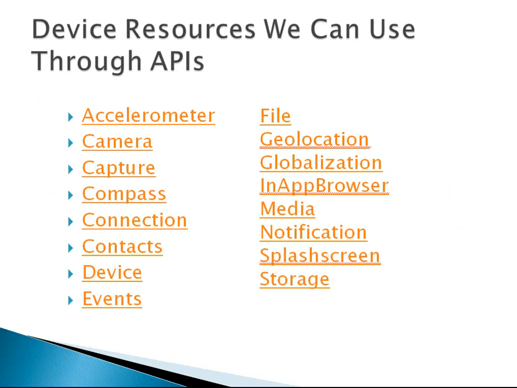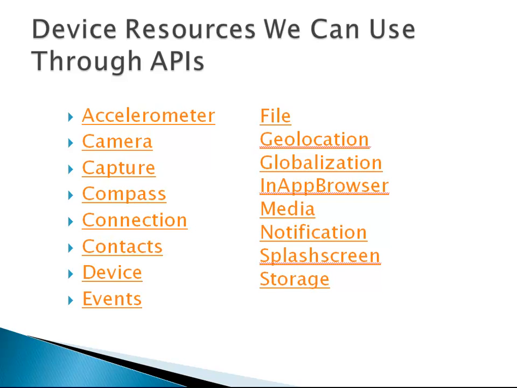So device resources we can use through APIs. We've talked about this, but here's a more in-depth list. We can access the accelerometer, the camera, capture, compass, connection, contacts, device, events, file, geolocation, globalization, the in-app browser, media, notification system.